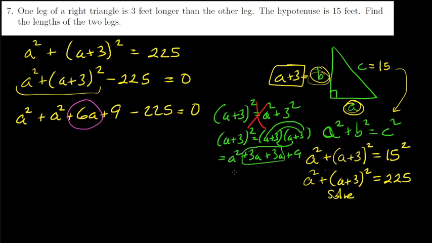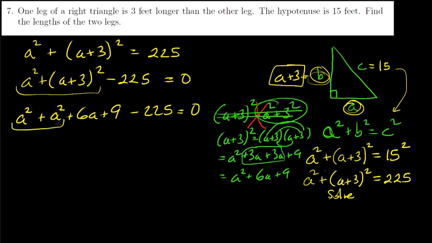Well, the outside plus the inside: 3a plus 3a is 6a. And probably the last time I'll do this, because I'm assuming that none of you are making this mistake anymore. So that's where the 6a comes from. So we're good. All right, now what?